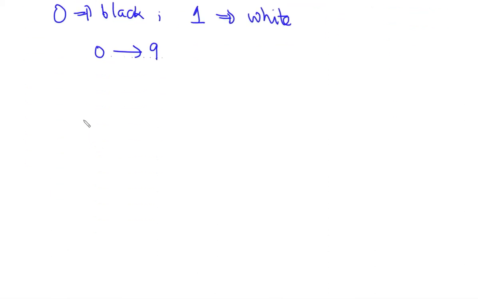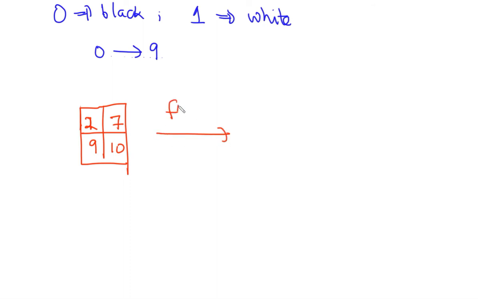Let me give you an example of flattening an array. So let's say we have a 2 by 2 array like this, and this number is 1, this number is 2, this number is 7, this number is 9, this number is 10. So imagine we had 20 of these images that are stored in 2 by 2 arrays, right?